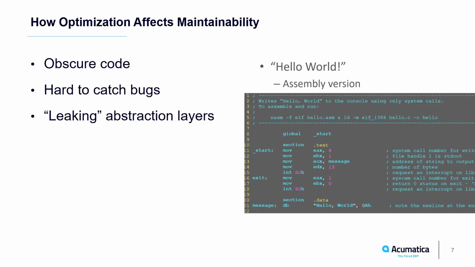When you optimize something, sometimes you end up with obscure code, and sometimes you end up with some bugs that are hard to troubleshoot. And finally, one other example that I have here is leaking abstraction layers. What I mean by that is, well, let's take the same example with caching. Let's say you need to invalidate the cache and reread the data, and you need to trigger that from the UI.